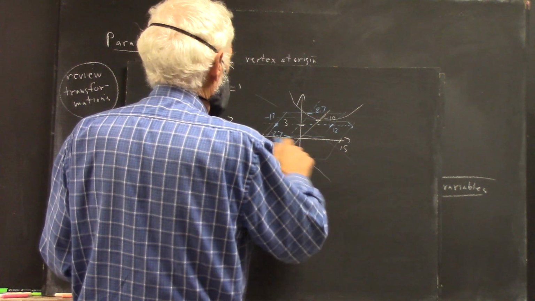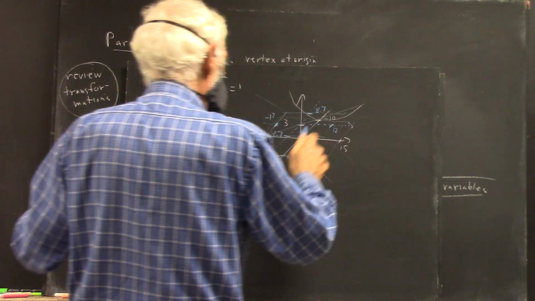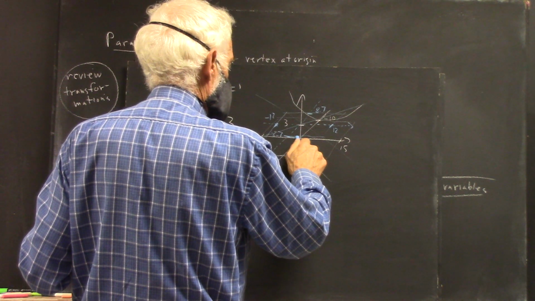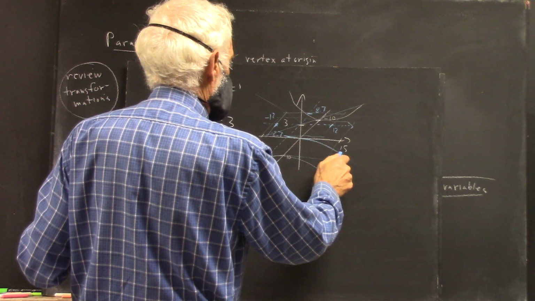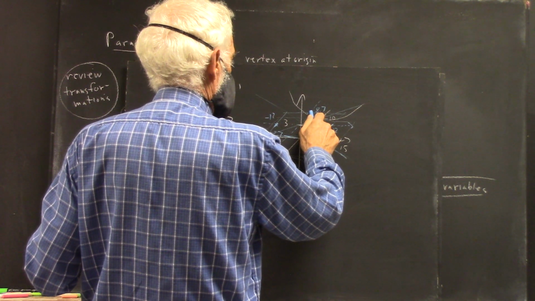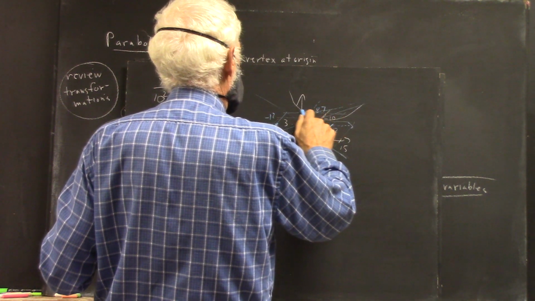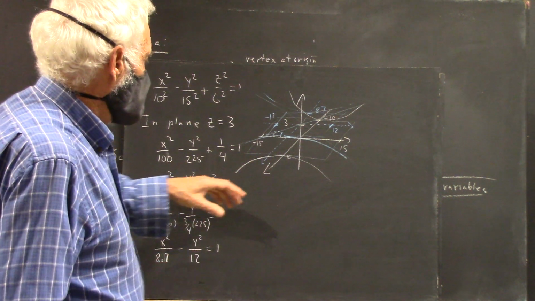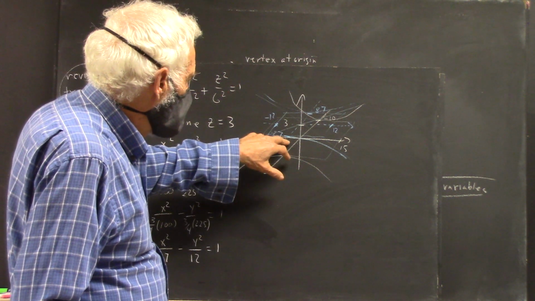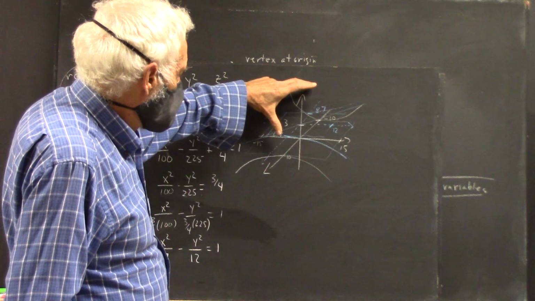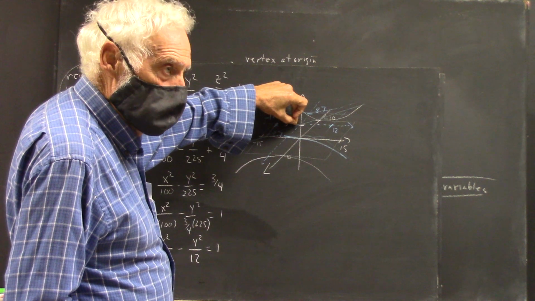And we have our diagonals. And we can draw this hyperbola here. So that in this plane up here, the hyperbola is pulled in closer to the z-axis.